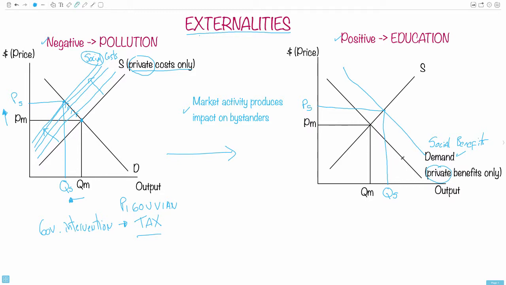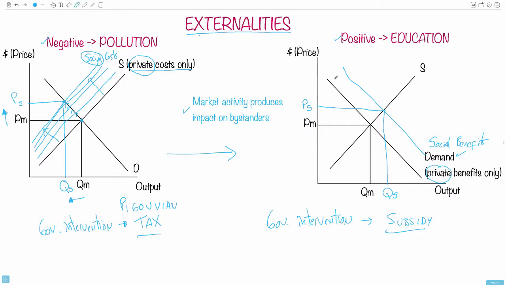So how is this going to be solved, this market failure? Well, once again, in this case, the government intervention that takes place in this type of situation takes the form of, well, you guessed it, a subsidy. A Pigouvian subsidy, which, for the case of education, means scholarships, loans at low interest rates, and other types of financial assistance by governments to increase the demand for education.